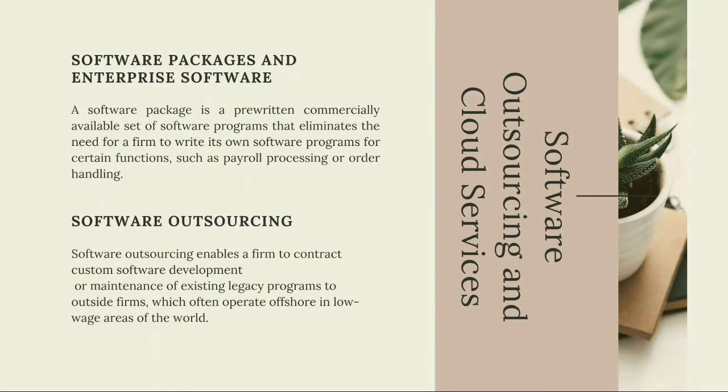Software package and enterprise software. A software package is a pre-written, commercially available set of software programs that eliminates the need for a firm to write its own software programs for certain functions, such as payroll processing or order handling.